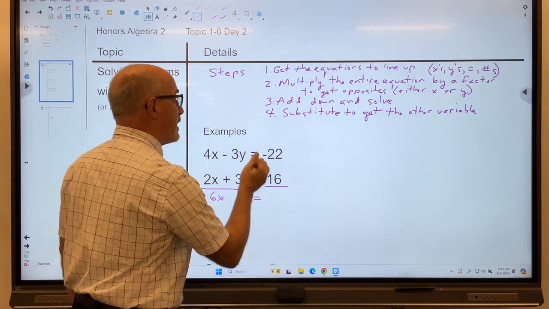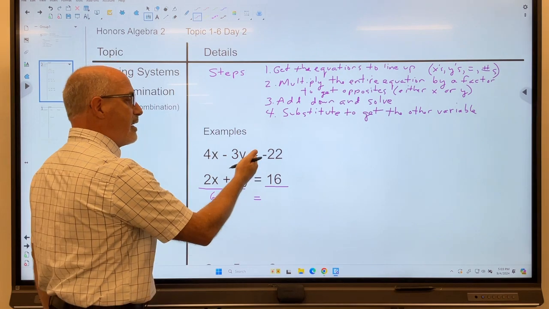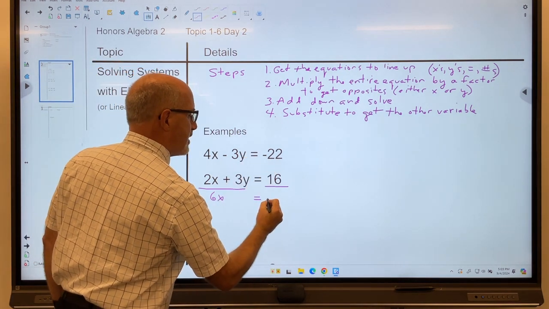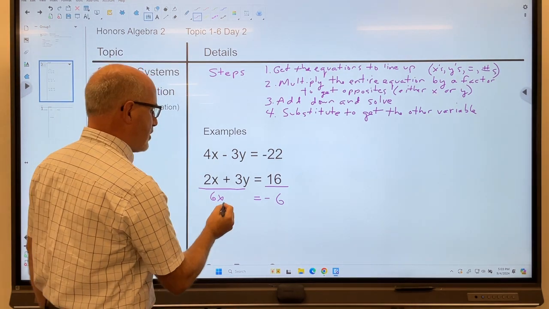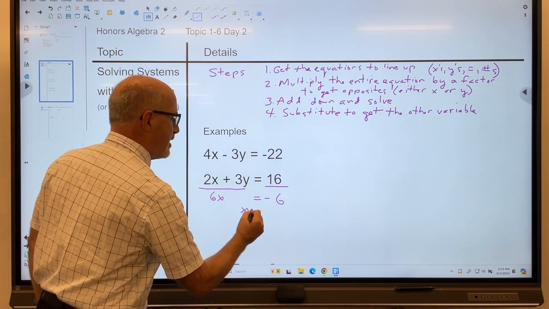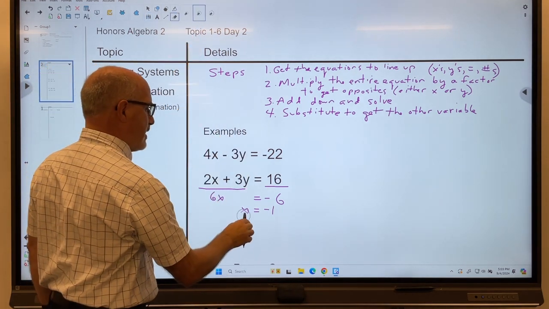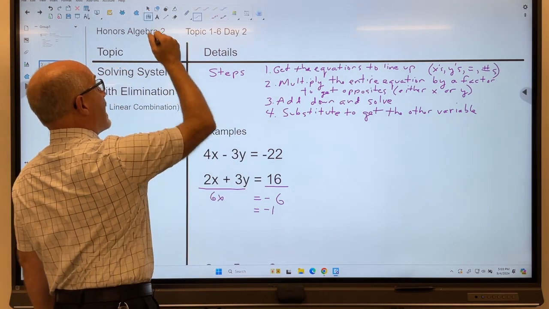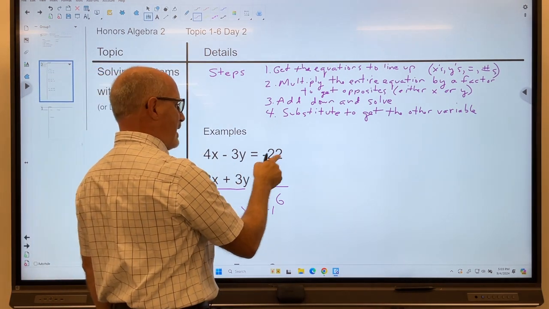That's why it's called elimination, because it eliminates one of the variables. Negative 22 plus 16 is equal to negative 6. And so now we can solve this equation. Divide both sides by 6. You get x equal to negative 1. Now we're going to use the last step where we substitute to solve. Pick either equation.